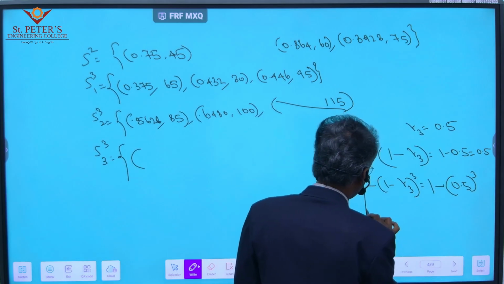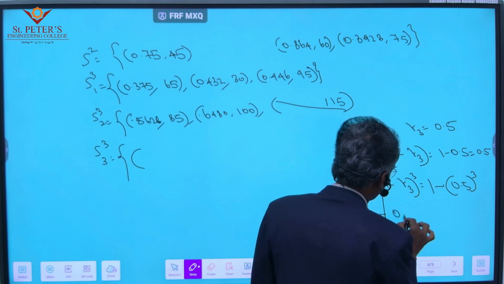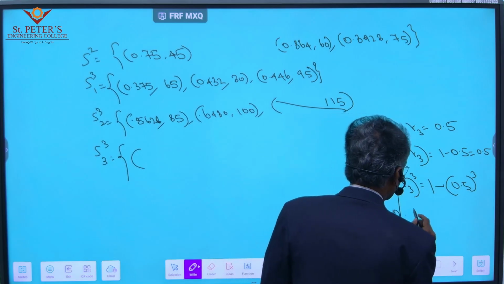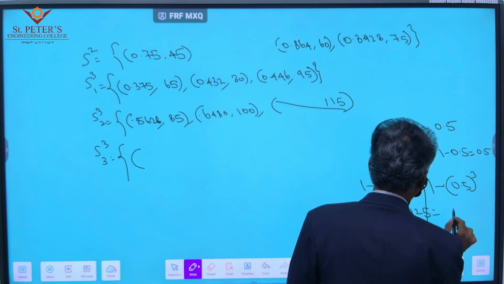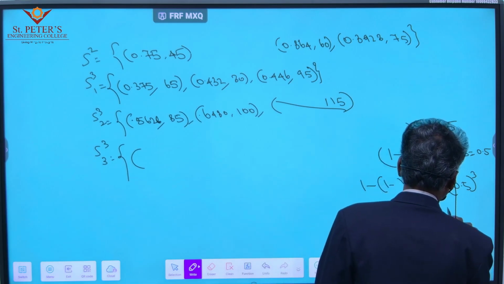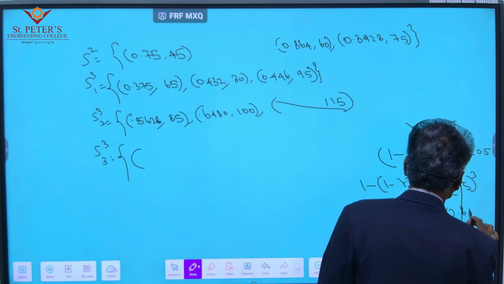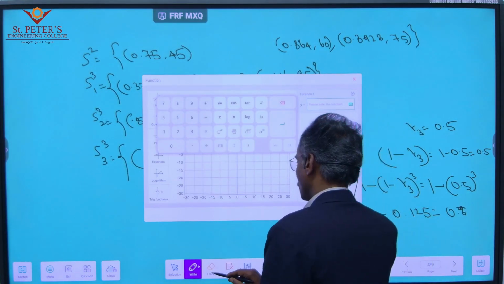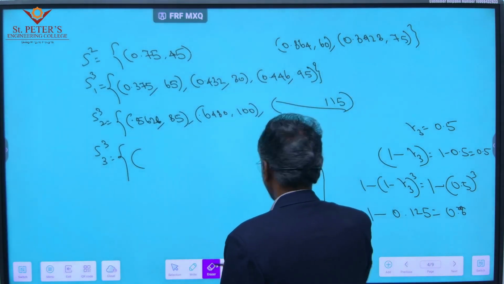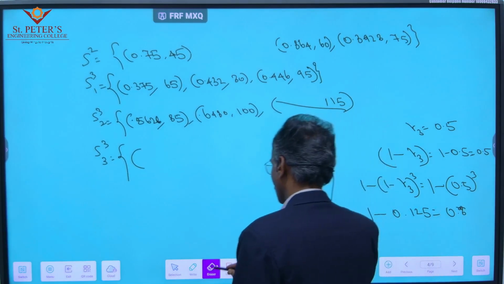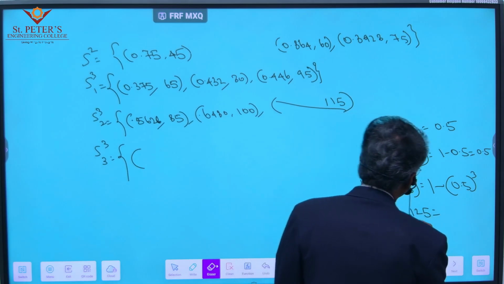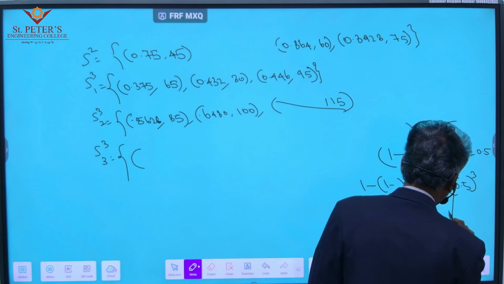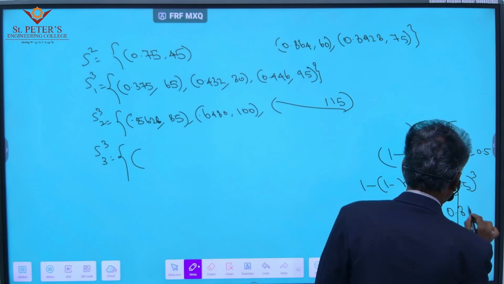So what is this? 1 minus 0.125, which is 0.875.